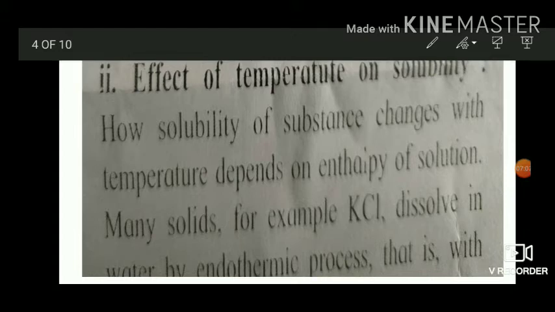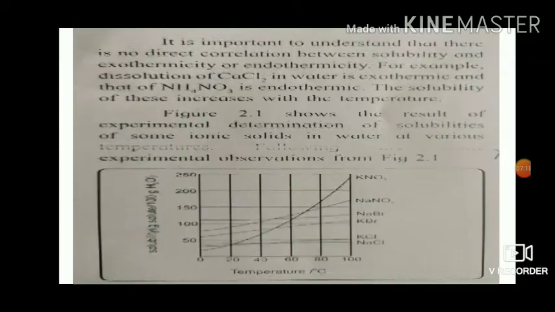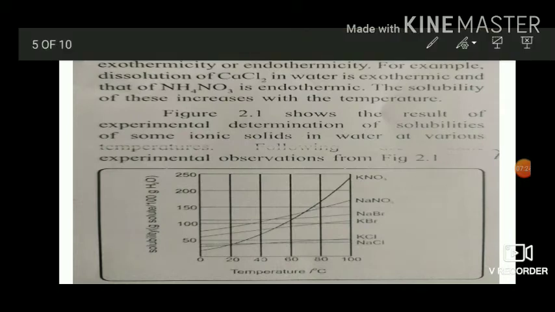Many solids, for example KCl, dissolve in water by an endothermic process, that is, with increase in temperature, the solubility of KCl in water increases.